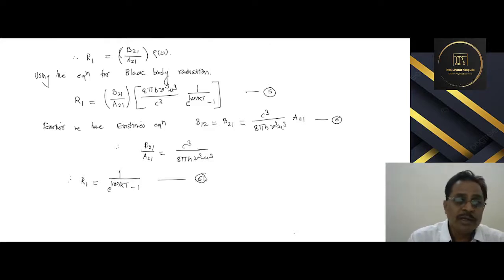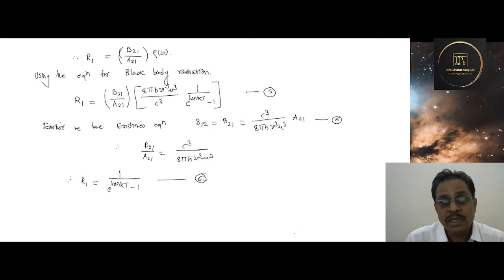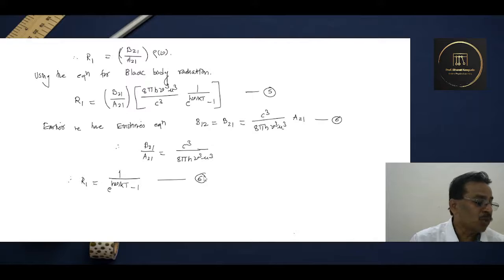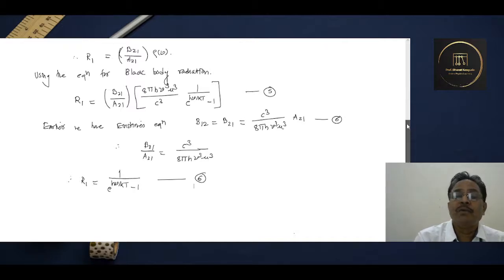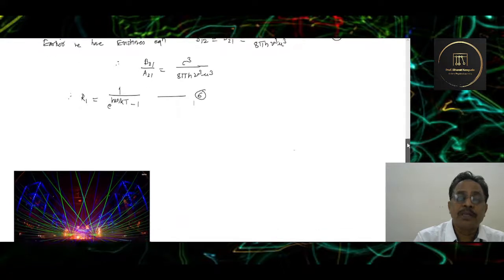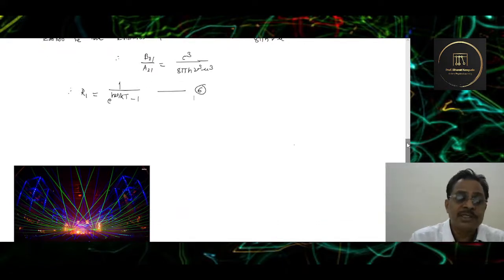So that is how in a normal case, when we have these three processes, the ratio of the stimulated emission transitions to the spontaneous transition is found to be R1 is equal to 1 upon e raised to h nu upon kT minus 1. Now, this expression tells you a very important thing, because at ordinary radiations, that means when we have a simple temperature as well as these optical radiations, what happens to this ratio when we go for different values?